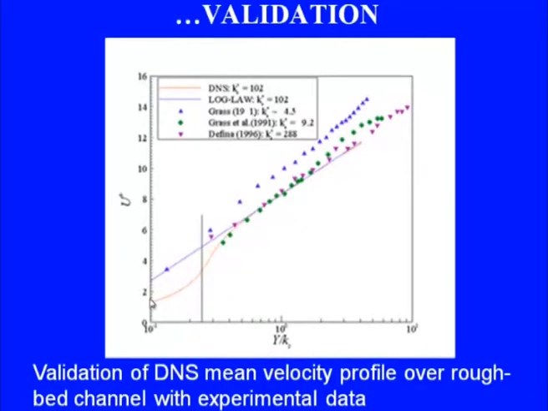So, we need to validate not just the RANS simulation results, we have to validate the numerical simulation results with large area simulation or even with direct numerical simulation before we can confidently say that our DNS data is very accurate and can be used as a very close approximation or almost an exact solution of a flow problem.